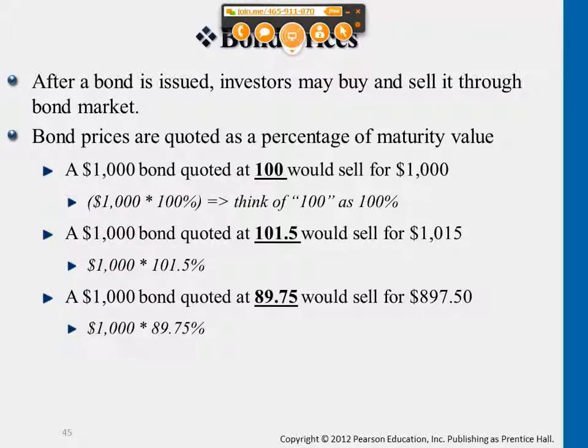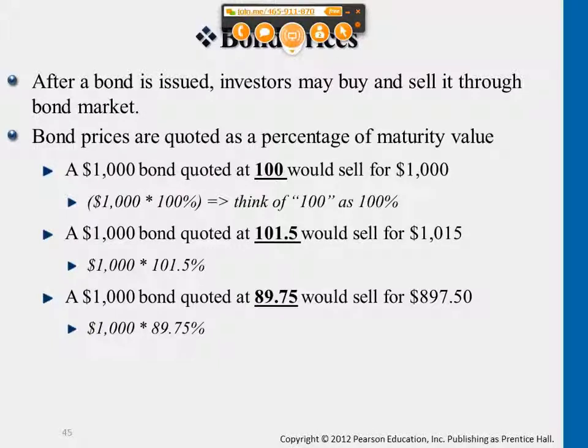Bond prices usually are listed as percentages. So just like this, 101.5 means 101.5% of the face value, meaning you're issuing it at a premium. You get more. If it's 89.75, just think of those as having a percentage sign next to it. So it's 89.75% of the bond certificate's value.